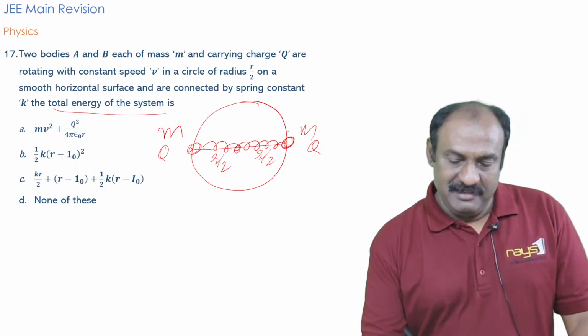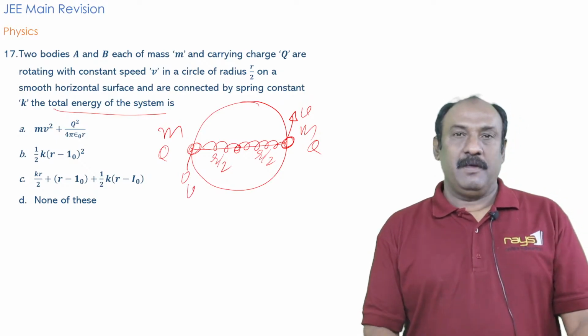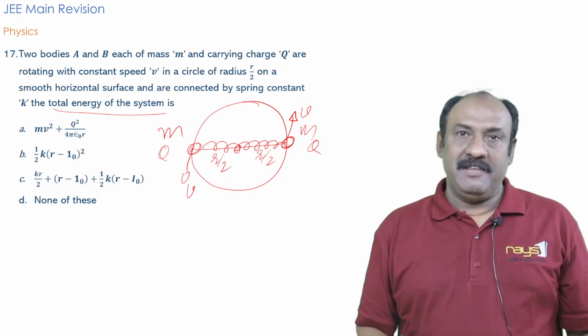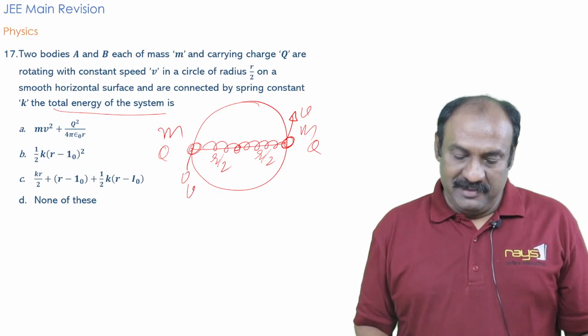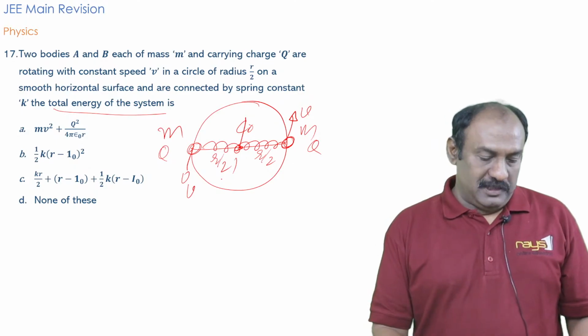So what is the total energy of the system? Let it move with speed v. Here also it moves with the same speed v because both have the same mass and the same charge. Both are at the same distance from the center of rotation. Now what we want is the total energy of the system.